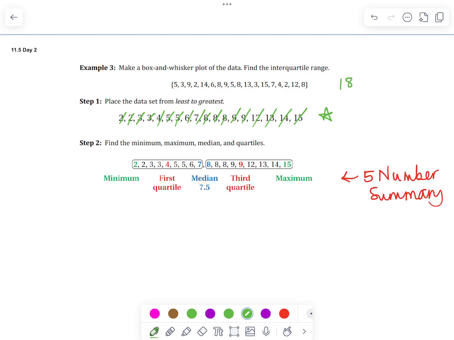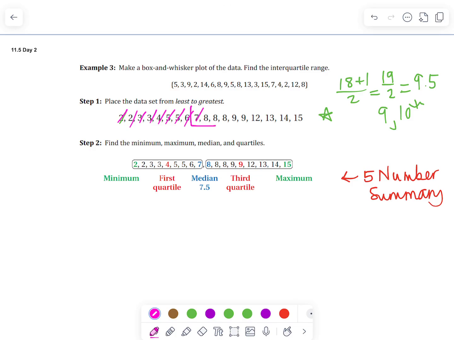So we take 18 plus 1 divided by 2, 19 divided by 2 is 9.5. So you're going to take the 9th and the 10th data points and average them, and you get the median, which we also call quartile 2.